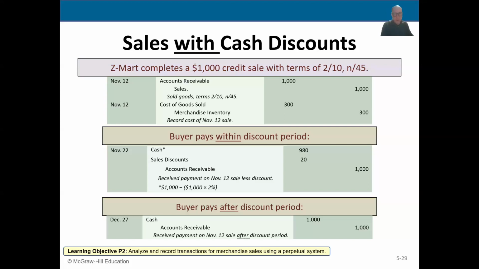So we debit cash $980. We debit an account called sales discounts, $20. And then we credit accounts receivable, $1,000. You see? If the customer pays us after the discount period, it's a simple transaction. Debit cash $1,000, credit accounts receivable $1,000.